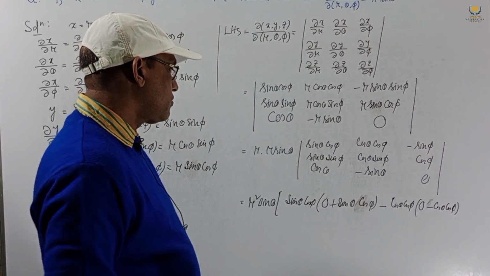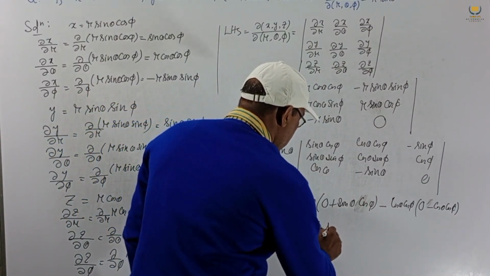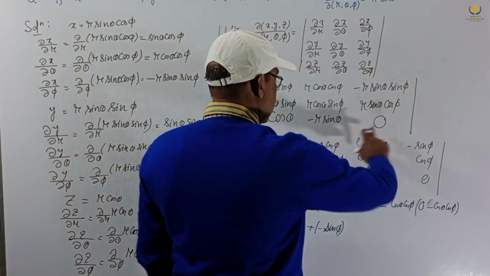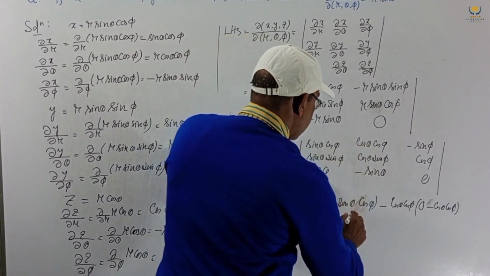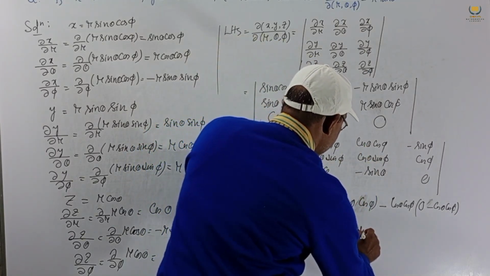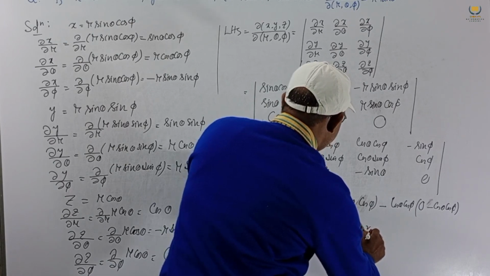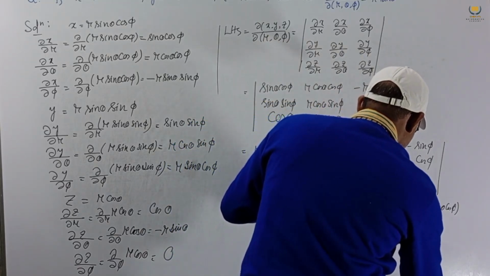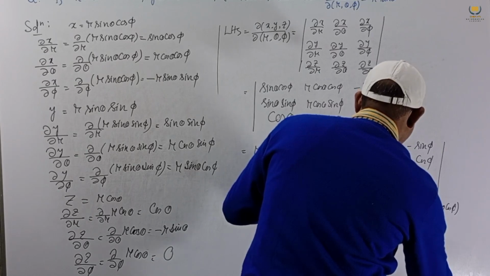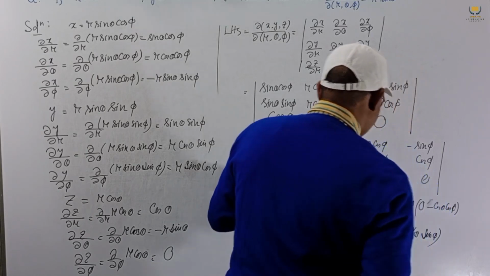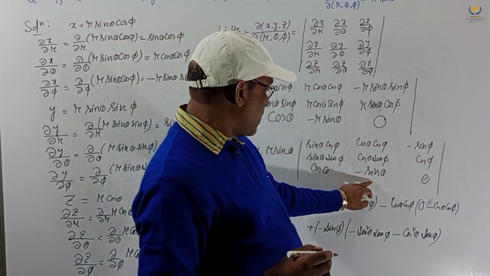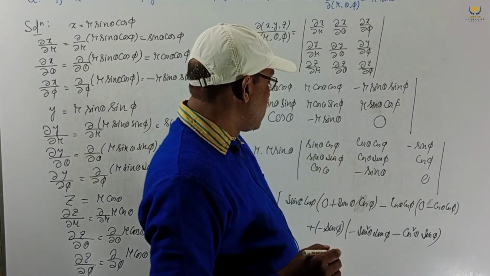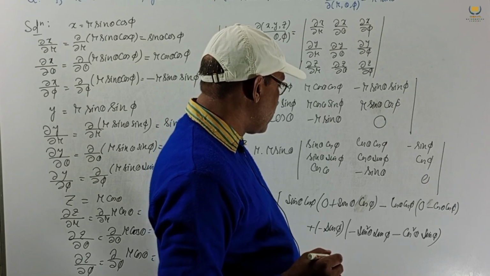Plus the last one, minus sin phi: this cancels, then this into this minus this into this, so we get minus sin square theta sin phi minus cos square theta sin phi.